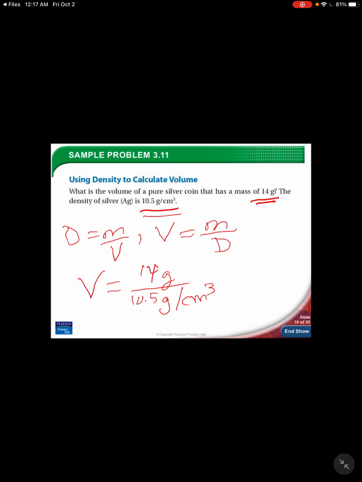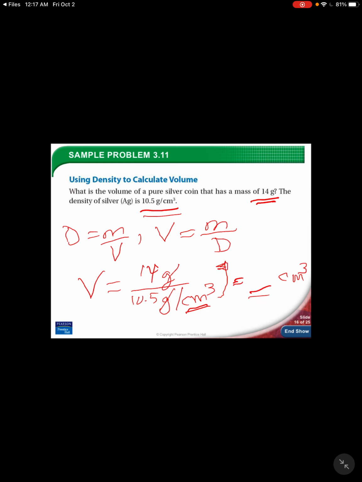Okay, the grams cancel, and the cubic centimeters come up as the volume units for my result, because the denominator in the denominator becomes the numerator. You may have heard that in your math classes. I hope you have. The denominator of the denominator is the numerator. So this value in cubic centimeters comes up as my answer.